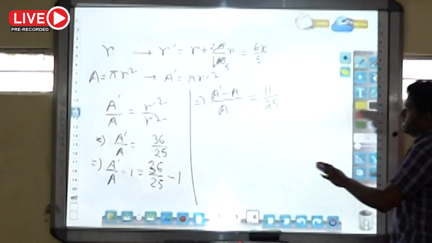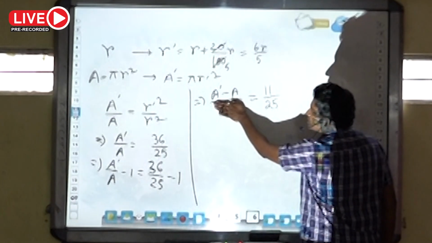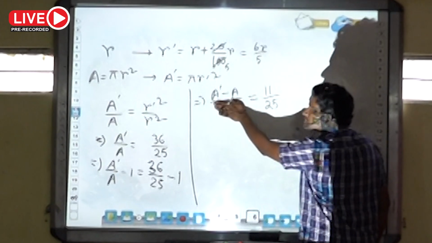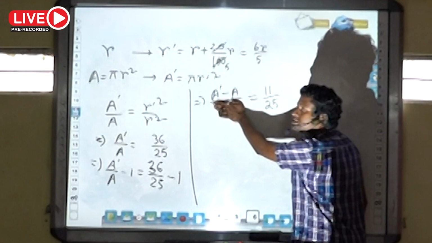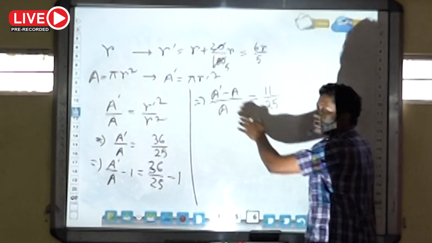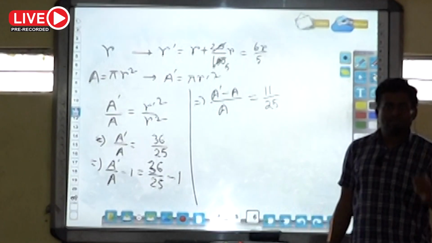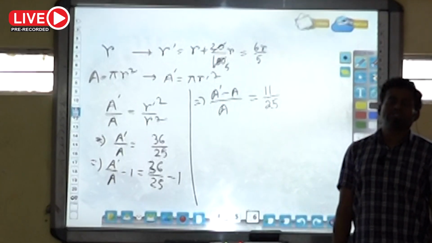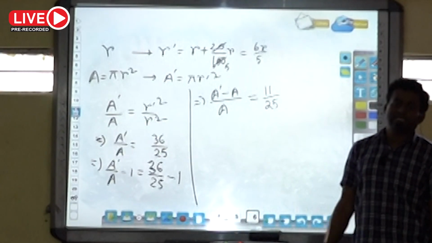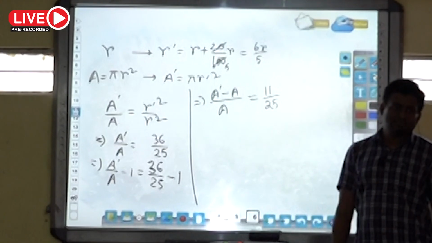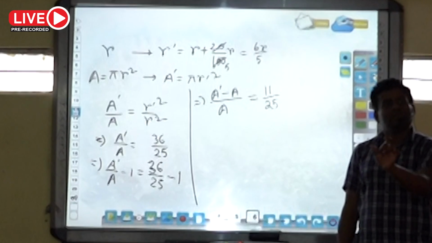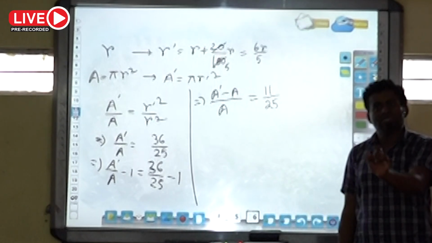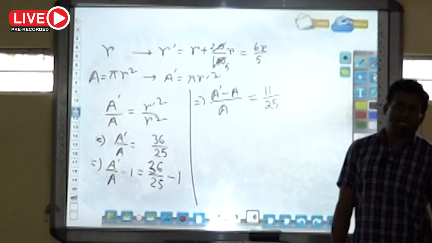First, initially this quantity A prime minus A is called absolute error. But absolute error has a problem, because absolute error is not dimensionless. It has the dimension of area, because you are calculating final area minus initial area, that will be in meter square, suppose. So it has unit dimension, so it is not dimensionless.